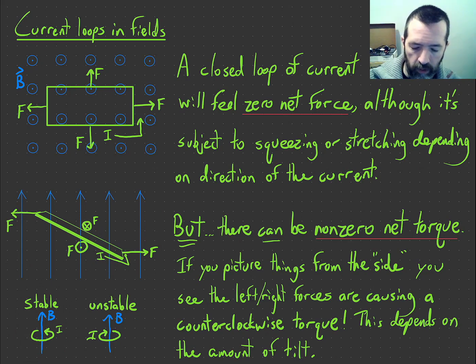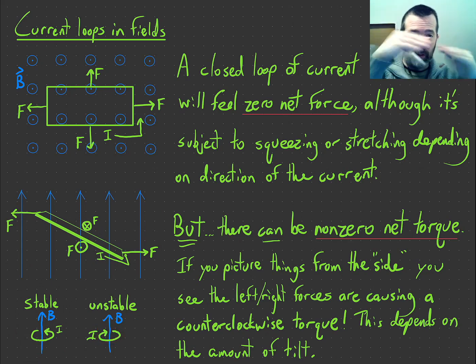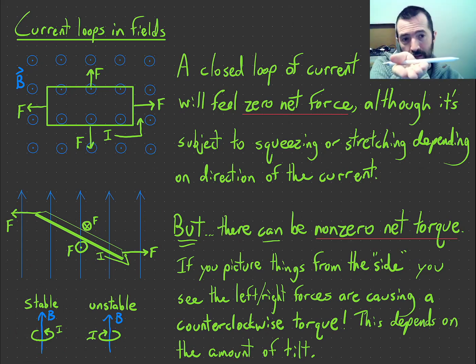But if the current is going the other way around the magnetic field, you could get it perfectly balanced horizontally, but if you nudge it at all, it's going to flip over the whole way to get into the stable configuration.